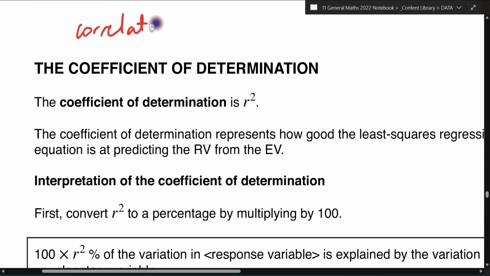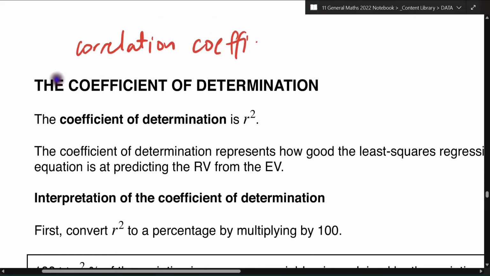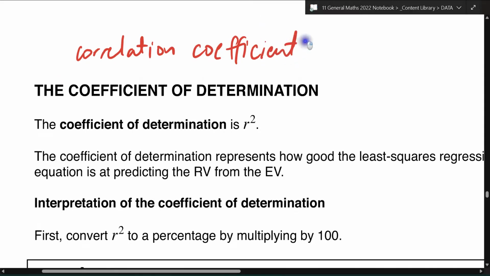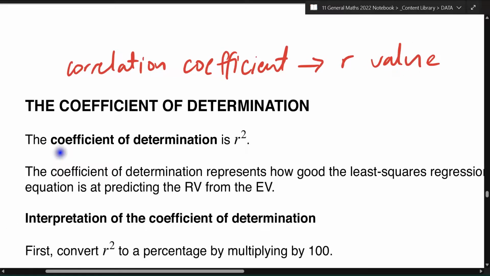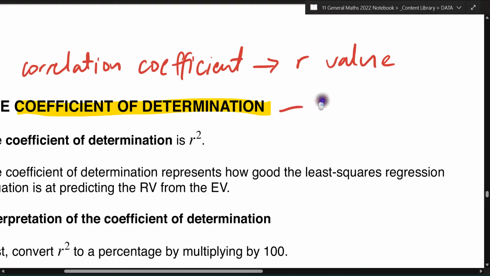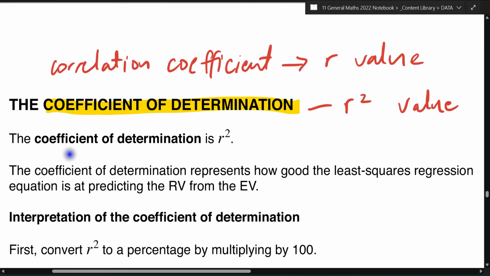The correlation coefficient is the R value, but the coefficient of determination is slightly different in that it's the R squared value. So realize that there's a difference between the two. One is the correlation coefficient, the other is the coefficient of determination.